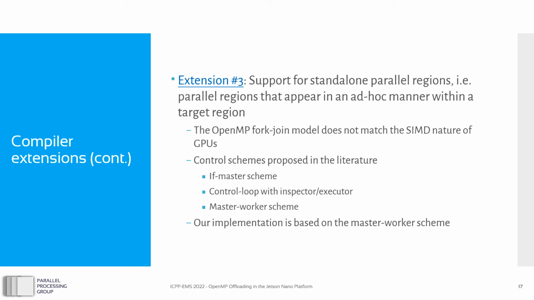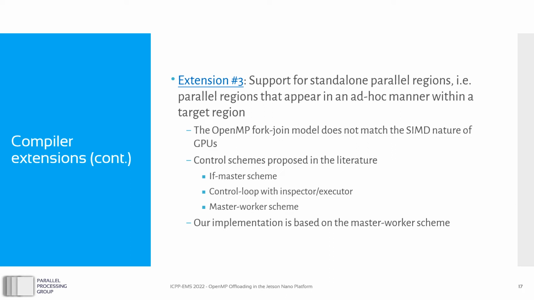Our third extension is the support for standalone parallel regions within the offloaded code. This task is non-trivial as the OpenMP fork join model does not match the SIMD nature of GPUs. However, the literature proposes many solutions, for example the if master SIMD, the control loop with inspector executor, and the master worker SIMD.